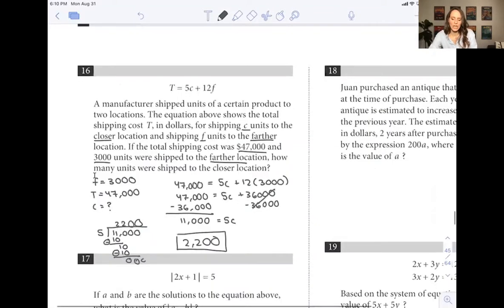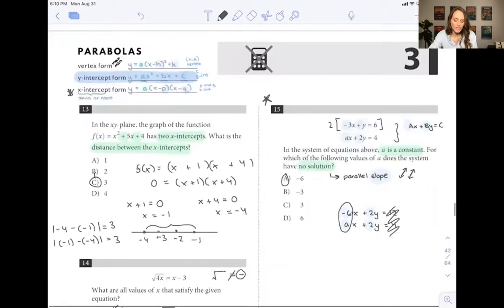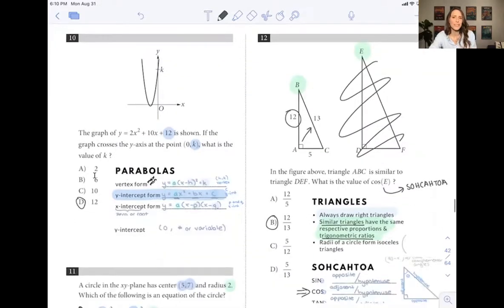Once you get really good at understanding no solutions versus infinite solutions, a question like number 15, even though it's conceptually hard, should take you 30 seconds or less. It should be super fast. Or a question like number 10 or 11 or 12, super fast, even though conceptually, because you have to know those formulas and equations and really understand them well, they're a little bit harder, but they're fast.